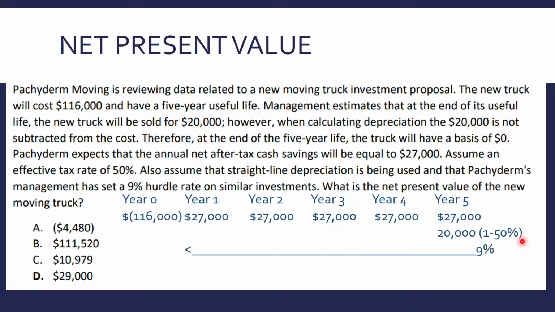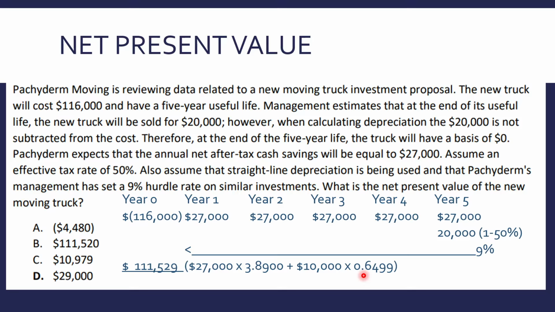Now, we take the present value using the appropriate hurdle rate, which is set by management at 9%. The present value factor for 9%, 5 years is 0.6499.